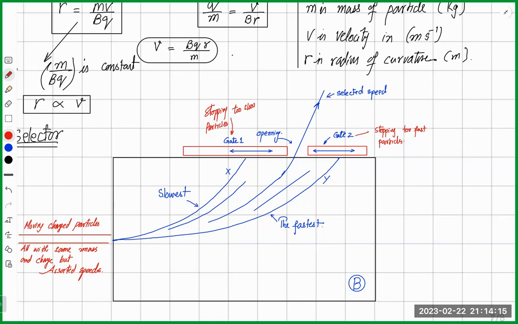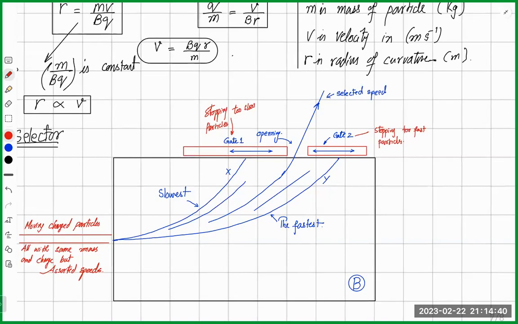But now, when they go into the magnetic field and they deviate from the original path and move in different radii with any particular speed, okay? So this is known as speed selection or speed selector of charged particles in a magnetic field.